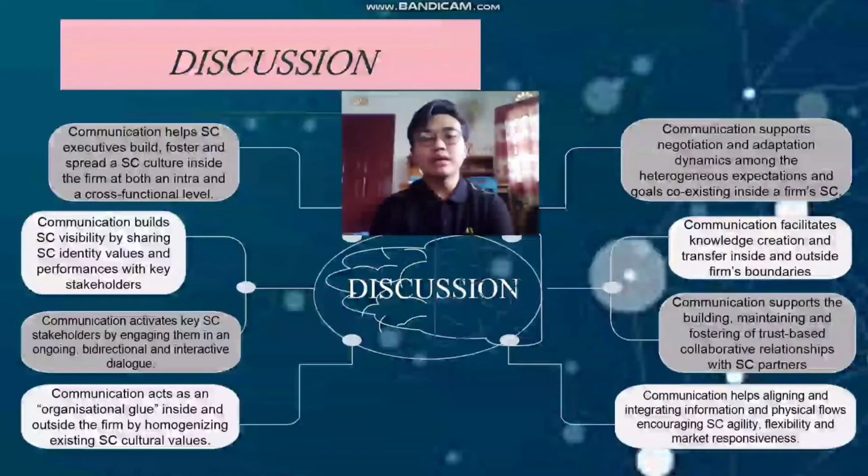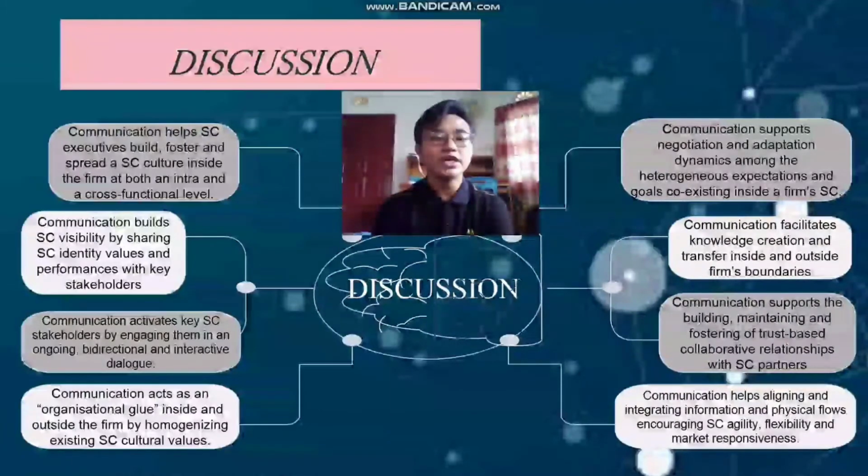In this regard, communication seems to accomplish five basic functions, of which the first is an organizational glue. It functions between internal units and plants located in different countries and external business partners in order to harmonize cultural values in creating synergies with partners.